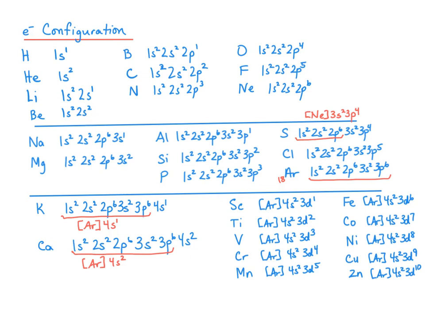Check out boron and aluminum. p1, p1. Carbon and silicon. p2, p2. Nitrogen and phosphorus. p3, p3. And so on. p4 for oxygen and sulfur. p5 in group 17. And p6 for neon and argon.